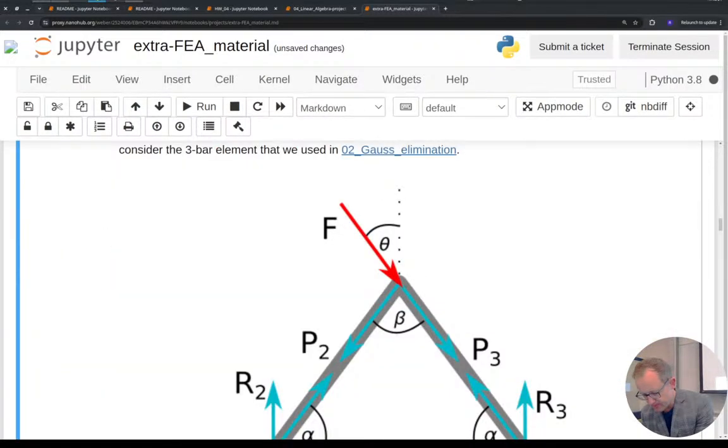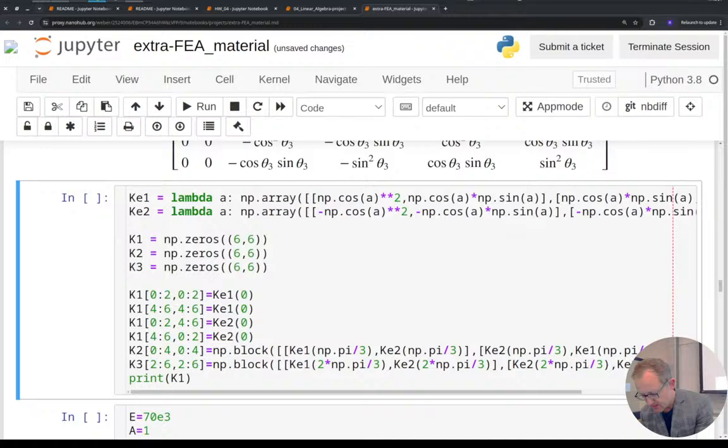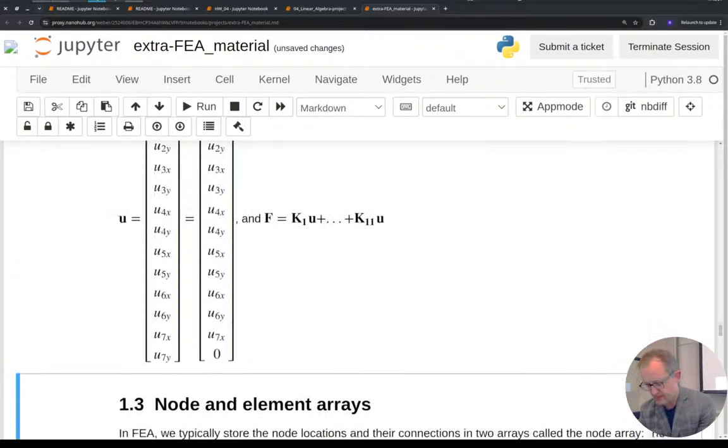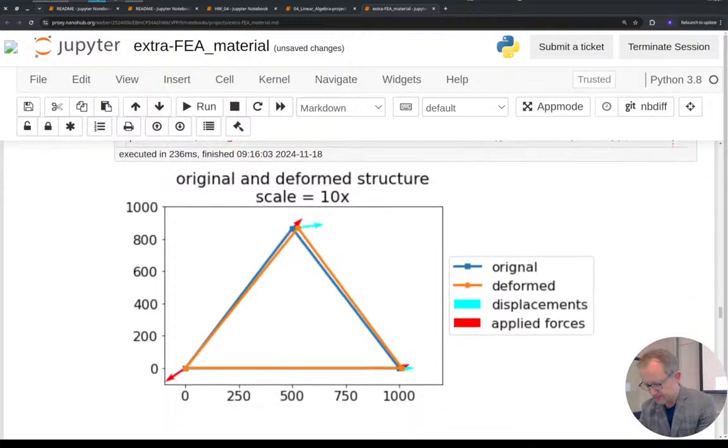So if we set up, coming down, we can look at that same triangle problem that we were solving before, but now think of it as, as we apply forces, it's actually stretching. So before we were just solving for some of the forces with 0, now we can actually use FEA and solve for where it actually moves to.